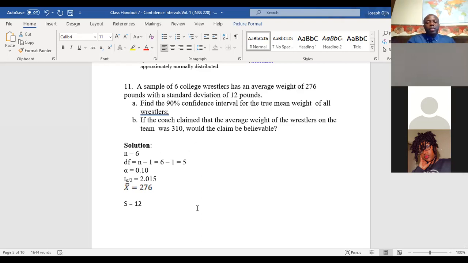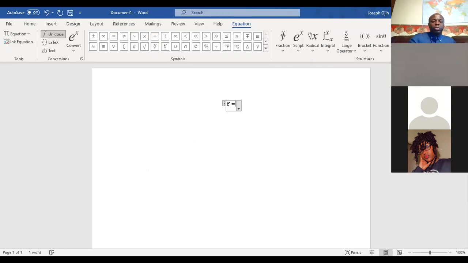So I'll take you there and put it in. The error margin equals t alpha over 2 times the standard deviation s over the square root of n.